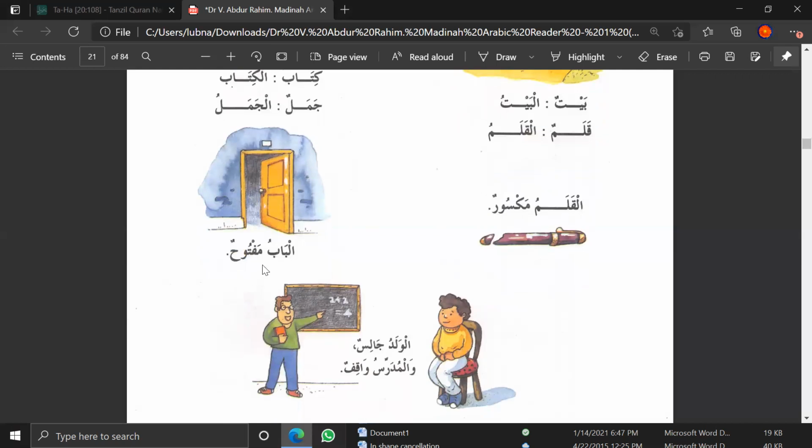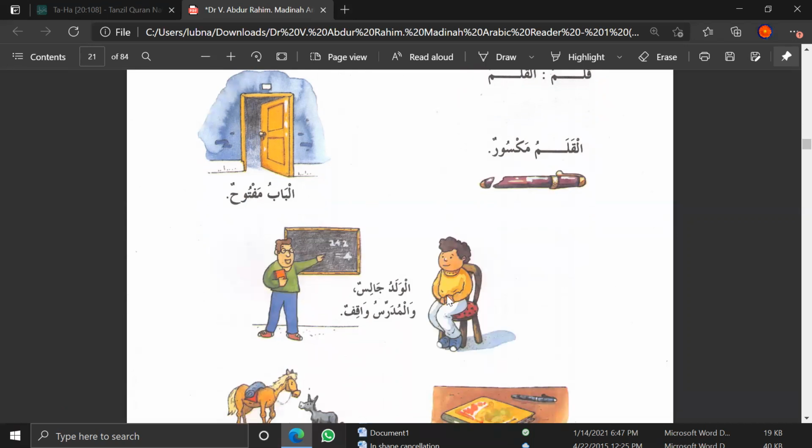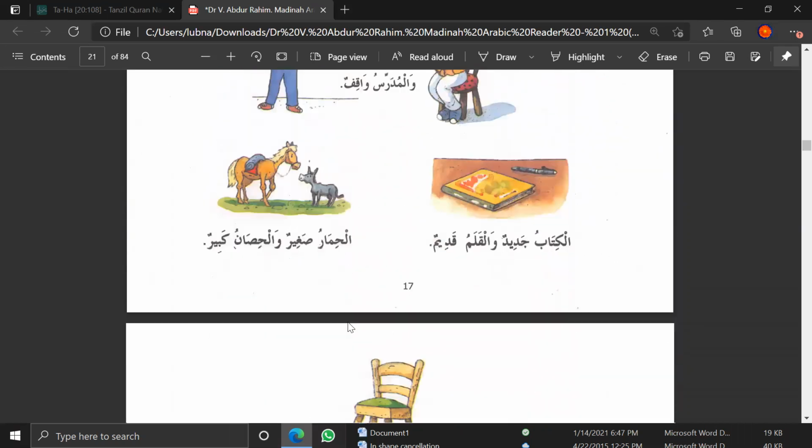Al-babu maftuhun. The door is open. Al-waladu jalisun. The boy is sitting and the teacher is standing. Excellent. Al-kitabu jadidun wal-qalamu qadimun. The book is new and the pen is old. Alhamdulillah, mashallah, you are awesome. Al-himaru saghirun wal-hisanu kabirun. The donkey is small and the horse is big.